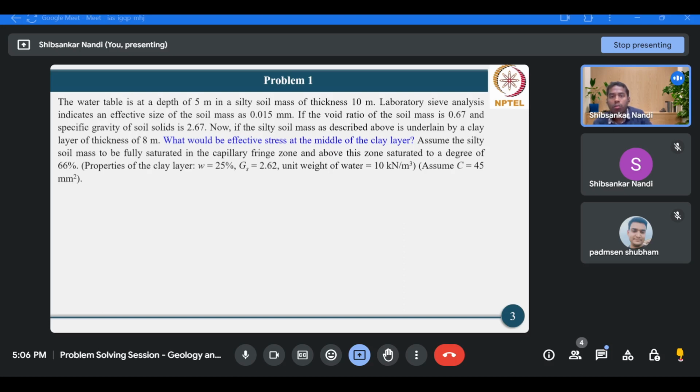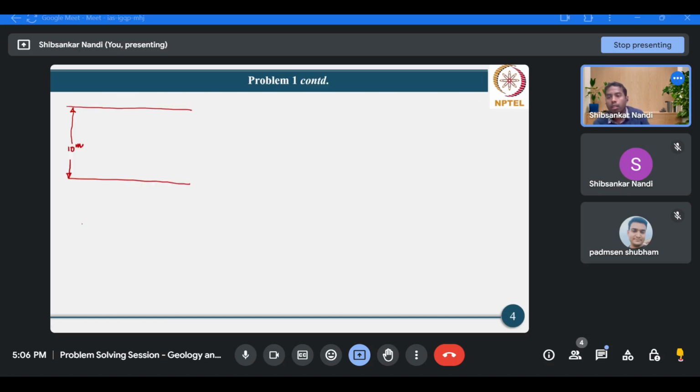If the silty soil mass as described above is underlain by a clay layer of thickness 8 meter, that means there is one clay layer beneath this silty soil mass, and the thickness of this clay layer is 8 meter. So this is the silty soil mass, and this is clay.